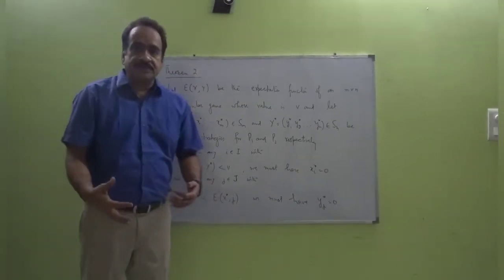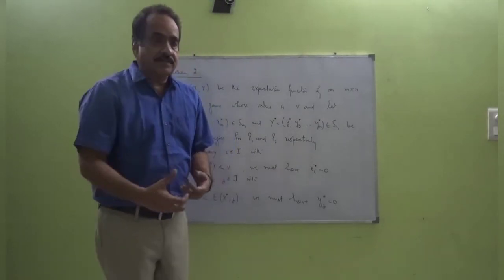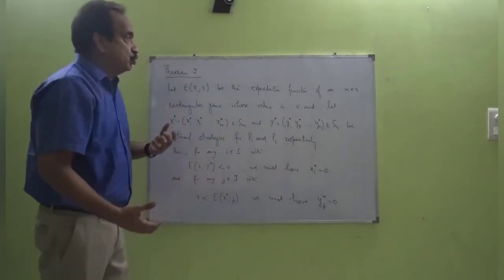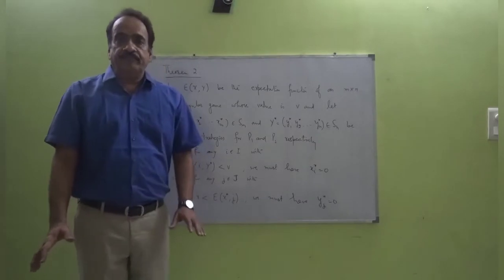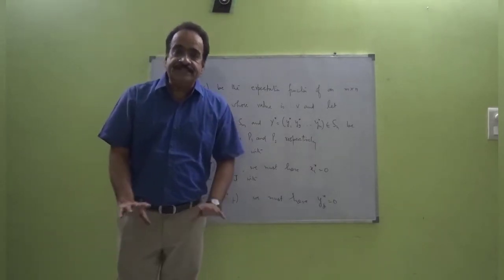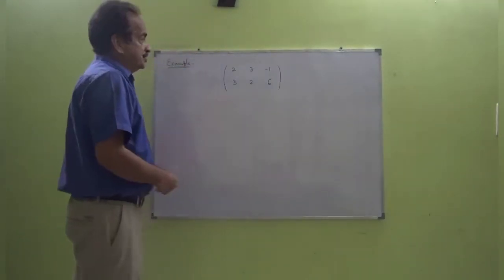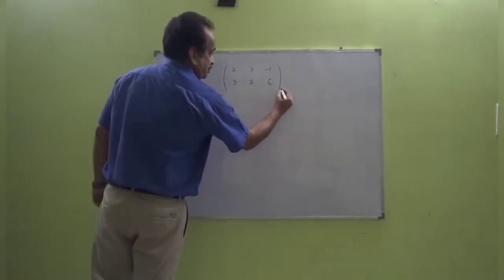The two theorems collectively give us the method, the way to solve any rectangular game of any size. Now let's solve this question using the algebraic method. It's a 2 cross 3 matrix over here.